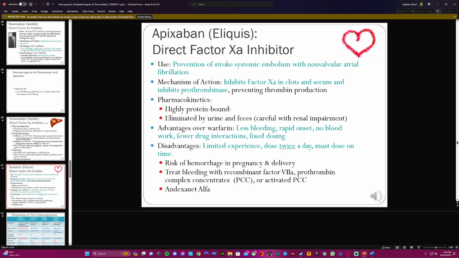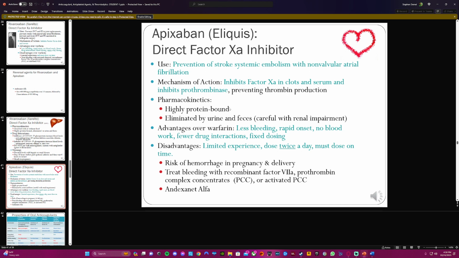Apixaban or Eliquis, a direct factor Xa inhibitor. Use is prevention of stroke and systemic embolism with non-valvular atrial fibrillation. Mechanism of action is it inhibits factor Xa in clots and serum and inhibits prothrombinase, preventing thrombin production. The pharmacokinetics for apixaban: it's highly protein bound, eliminated by urine and feces. Careful with renal impairment.